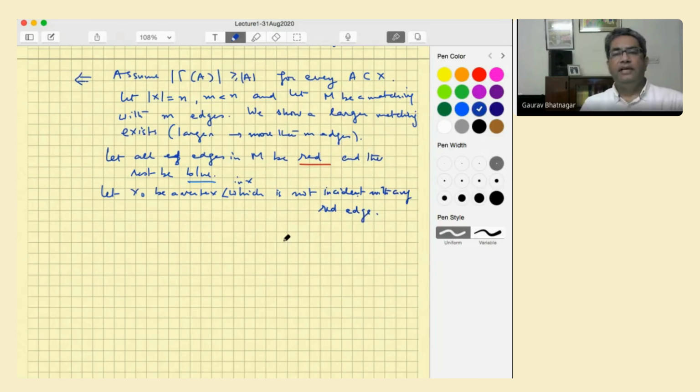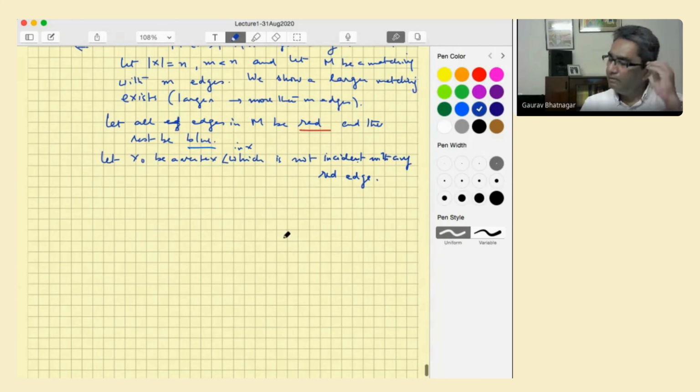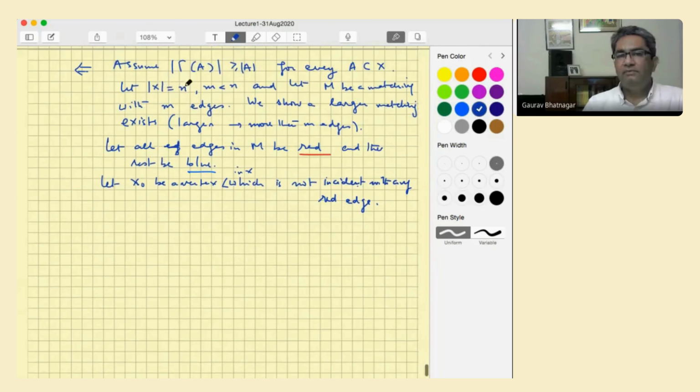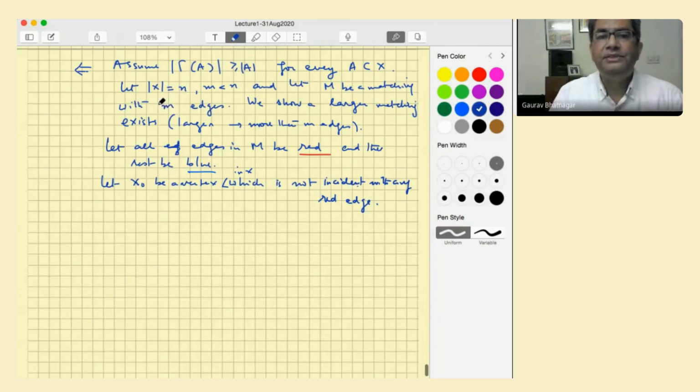That means it's not incident with anything in M. We are assuming that this small m is less than n, so there must be something in X which is not touching any of the given edges.